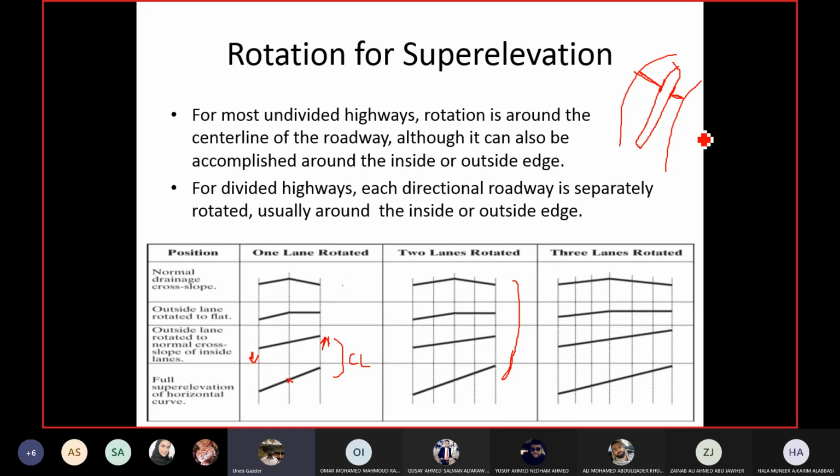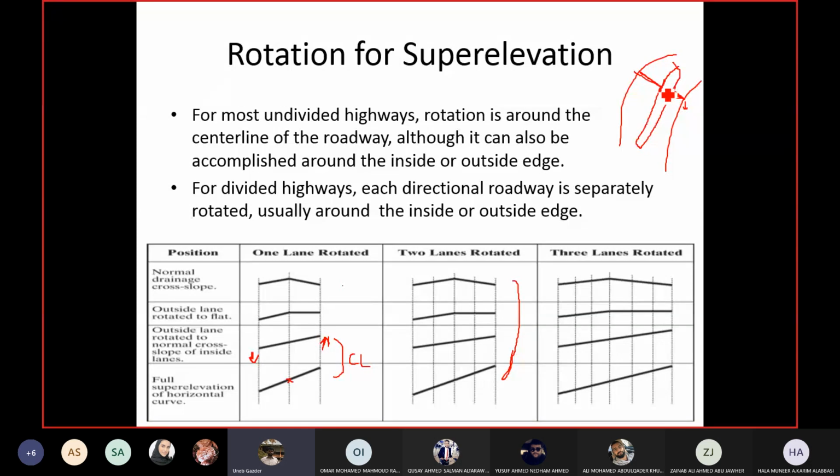If the median is on the outside edge, then you're rotating around the outside edge, meaning the median will remain as it is, and the other parts of the road are being lowered or raised, and the same thing for the other side. Obviously if you are rotating around the outside edge, then these lanes need to be lowered down, because the outside edge needs to be raised, so the other part of the road needs to go down.